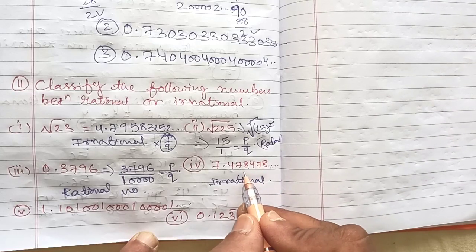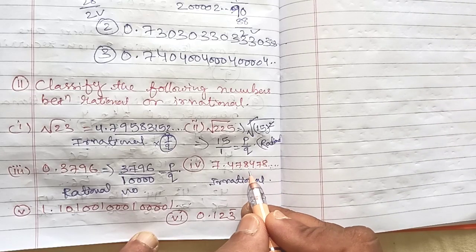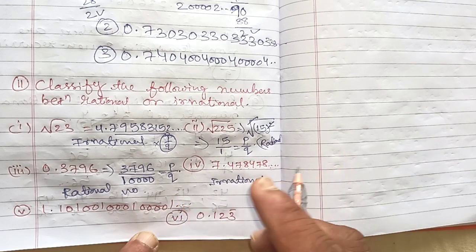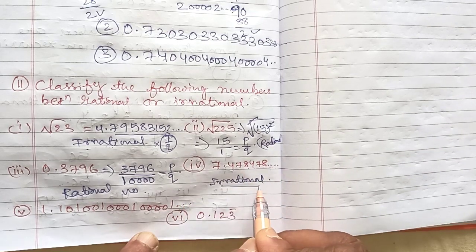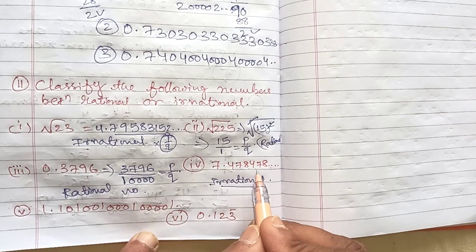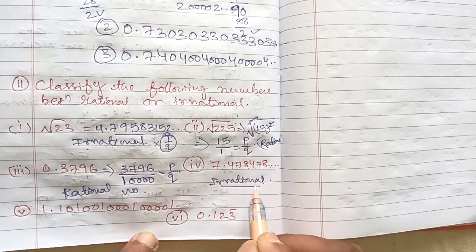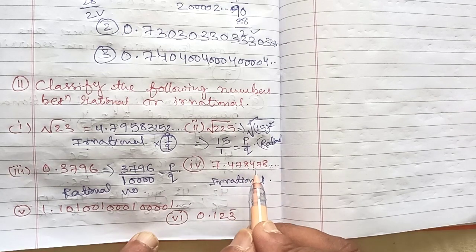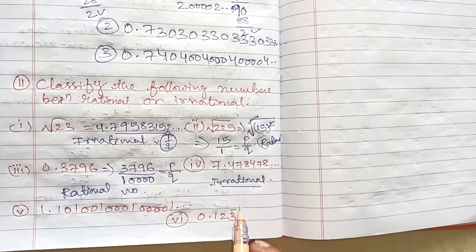So it is non-terminating as well as non-recurring. Remember, non-recurring decimal values are always irrational. All non-recurring decimals are irrational, and you can write it directly, because these types of numbers cannot be represented in the form p by q.